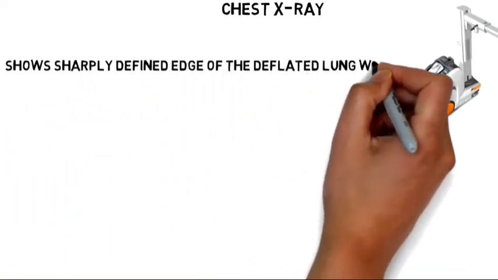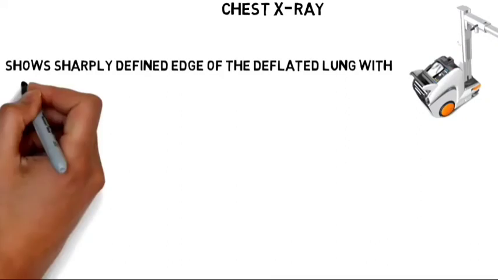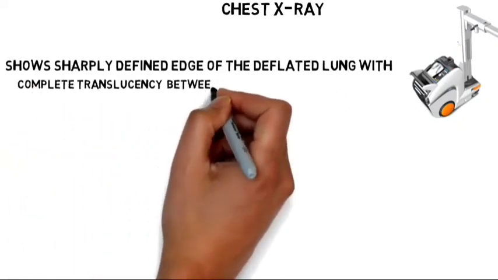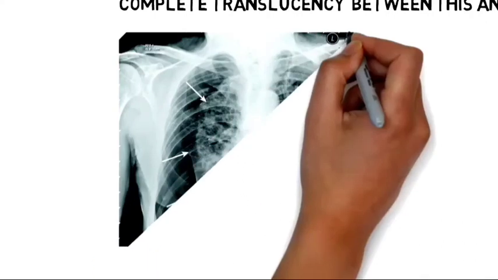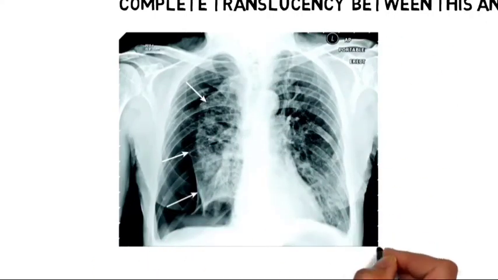Chest X-ray shows a sharply defined edge of the deflated lung with complete translucency between the lung and the chest wall. So there will be absence of bronchovascular markings, collapsed lung margin, and shifting of trachea and mediastinum in case of tension pneumothorax.